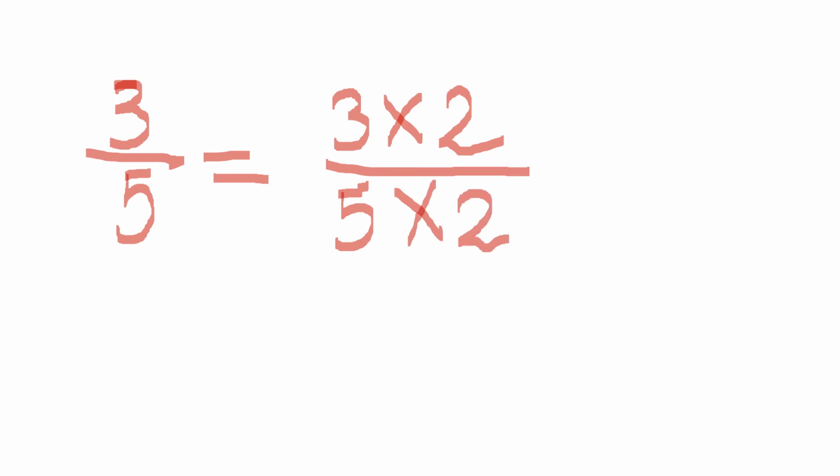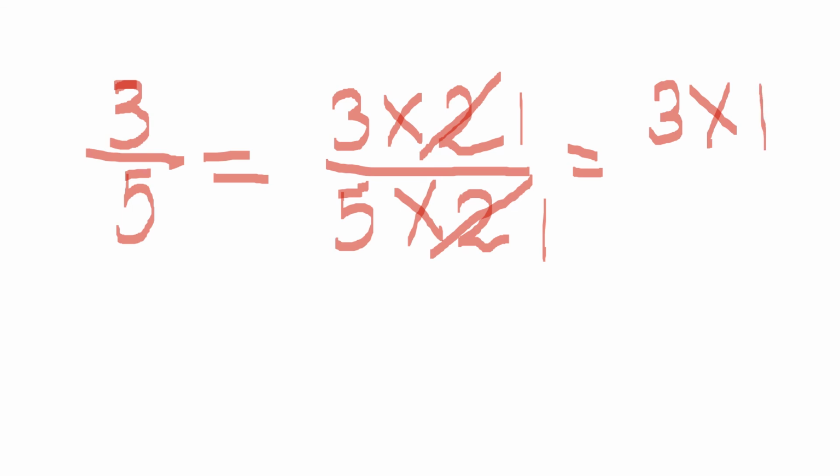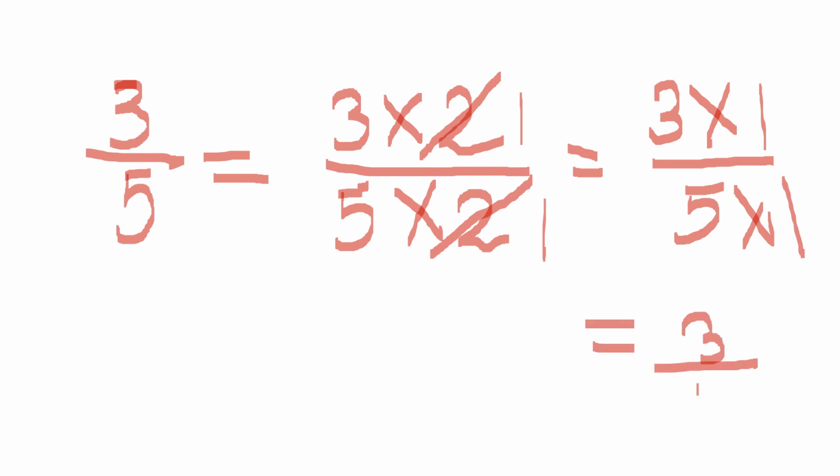Now can you see, since it is multiplication, I can cancel 2 and 2. 2 ones are 2, 2 ones are 2. So what did I get at last? 3 into 1 divided by 5 into 1, right? So what is 3 into 1? 3. What is 5 into 1? 5.